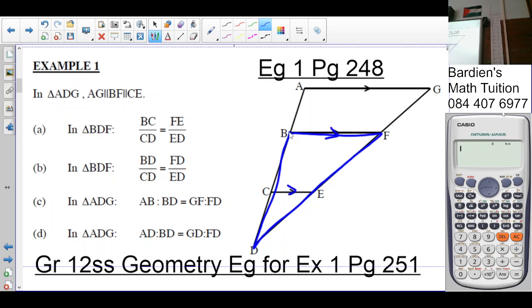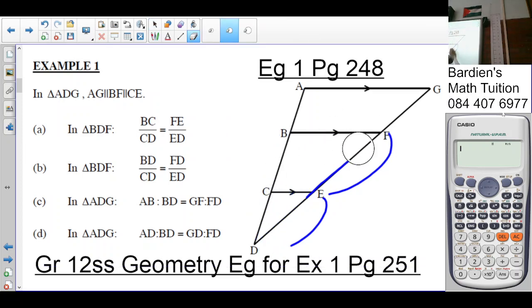Can you all see that, people? So what can we conclude? That BC over CD is equal to FE over ED. Can you see that? And all these variations can be applied there.